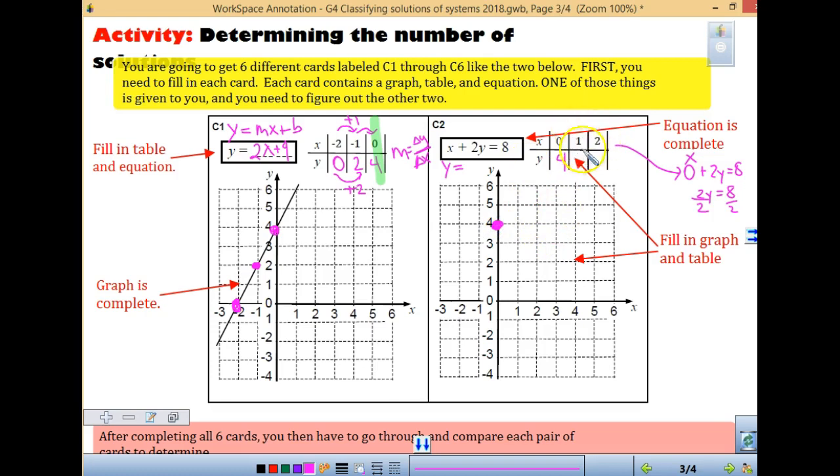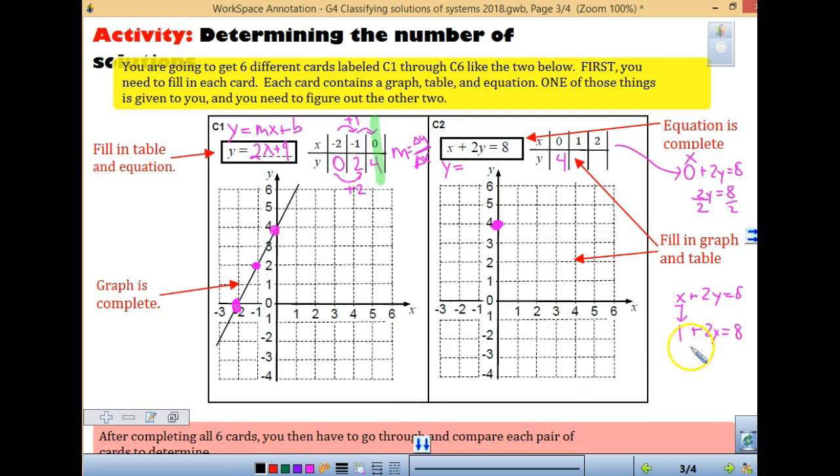Now I can replace the 1. If I replace x with 1 in that equation, instead of x plus 2y equals 8, I have 1 plus 2y equals 8. In order to solve that, Haley, what am I going to do? Solve for y? Not yet, because I don't have 2y by itself.